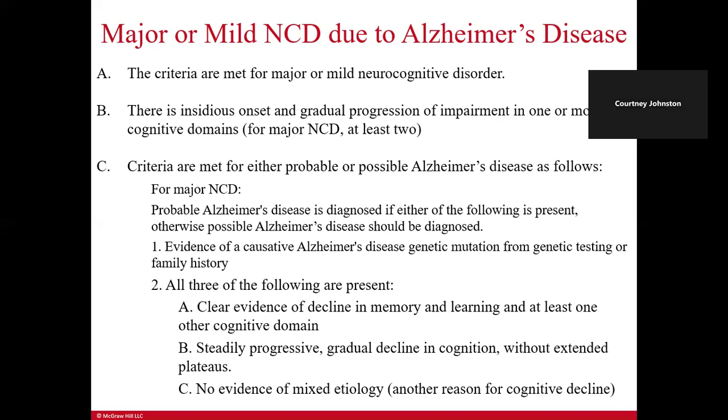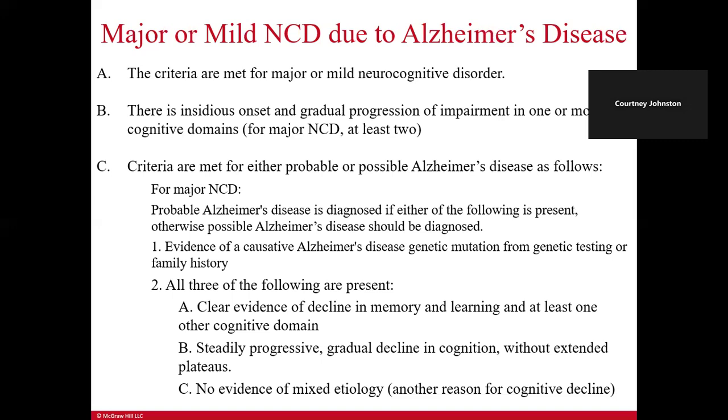Okay, so there's evidence of a causative Alzheimer's disease genetic mutation from genetic testing or family history. So if an individual can report, yes, Alzheimer's disease runs in my family, or somebody gets a 23andMe. I've actually done this with my sister, and we both have the altered APOE.